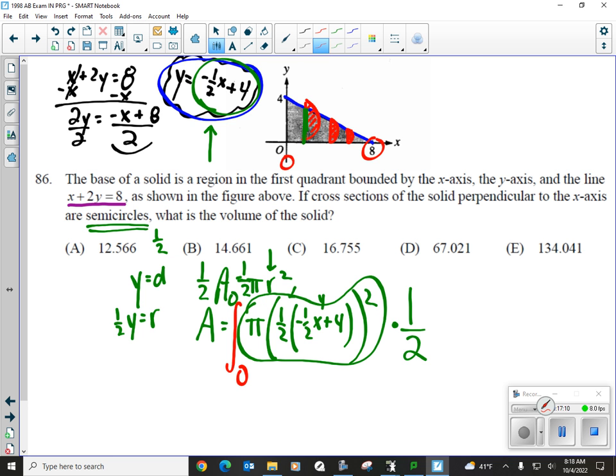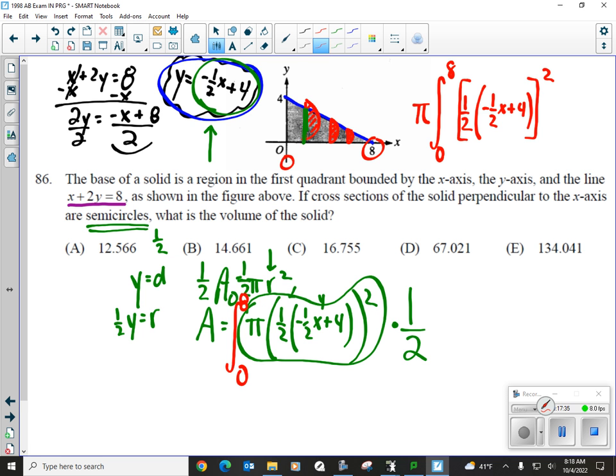From 0 to 8. So let me write this nice and neat up here. We're going to integrate from 0 to 8. Okay? 1/2. I'm going to put my pi on the outside. Pi r squared. 1/2 of negative 1/2 x plus 4. This is the radius, squared.